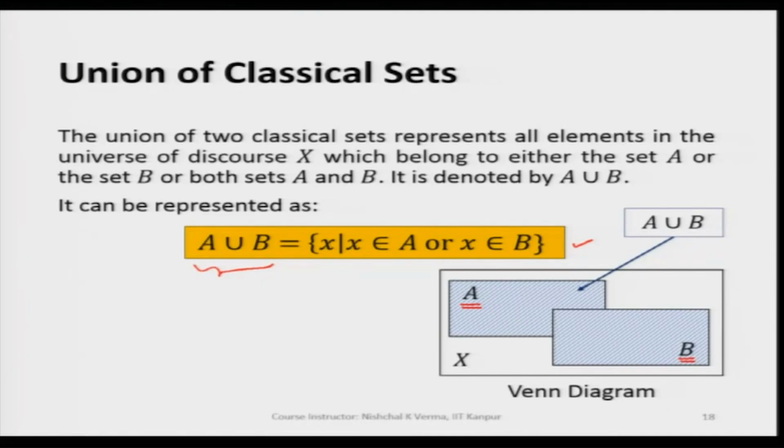to A or B. This means that we take all the elements of A and B both. This way we see here the shaded portion of A and B, and these two together give us the union of classical sets.